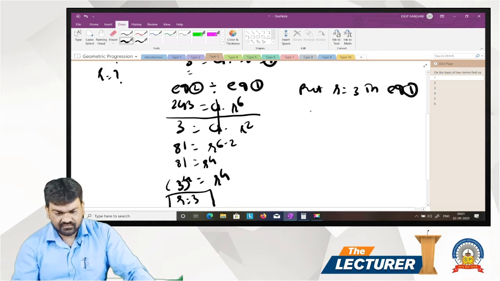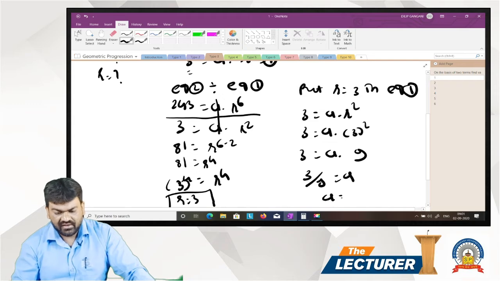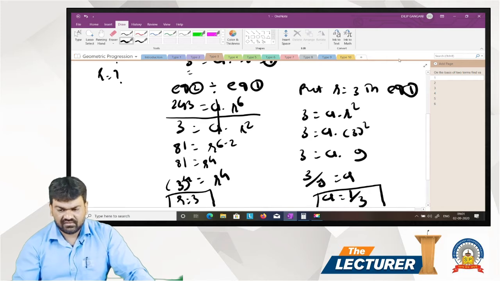That is 3 is equal to a r raised to 2. 3 squared is 9. 3 divided by 9 is equal to a. So a is equal to 1 by 3. So first term is 1 by 3 and common ratio is 3.